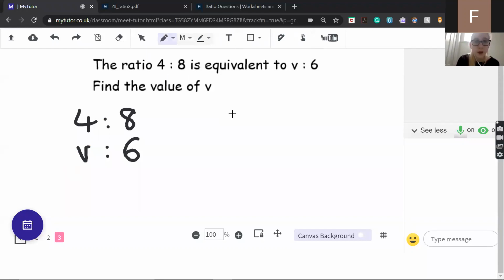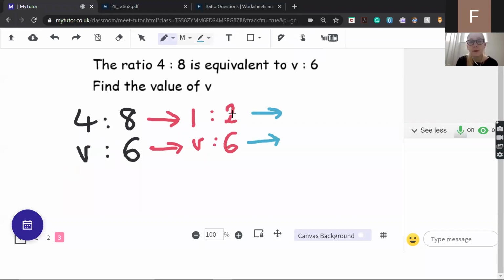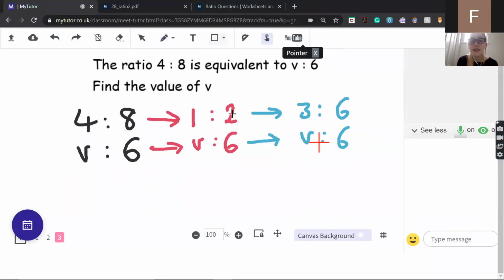So we can go along this path. Here's what I would do. Divide this one by 4. And then we see that this is the same as the ratio 1 to 2. And keep this as it is, V to 6. And then we want to make this second one here, this 2, into a 6. So let's multiply the whole thing by 3. So this is the ratio 3 to 6. This is the ratio V to 6. And look, now these are equivalent, so these have to be equivalent.